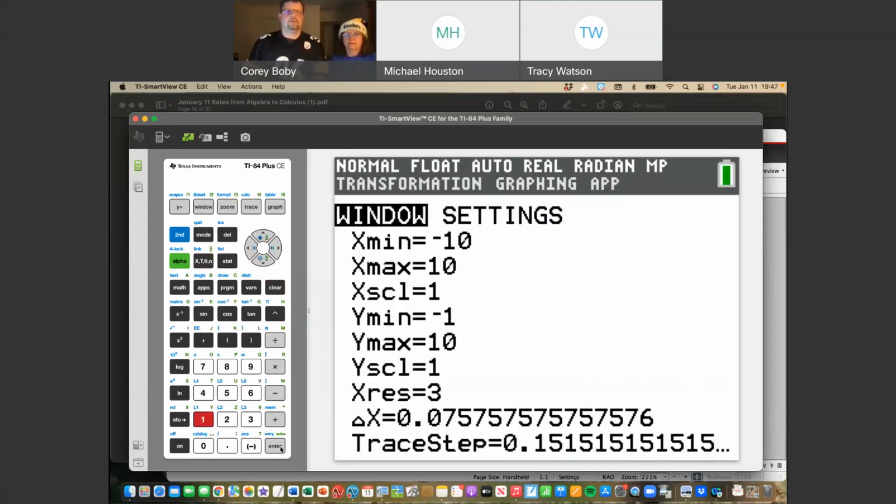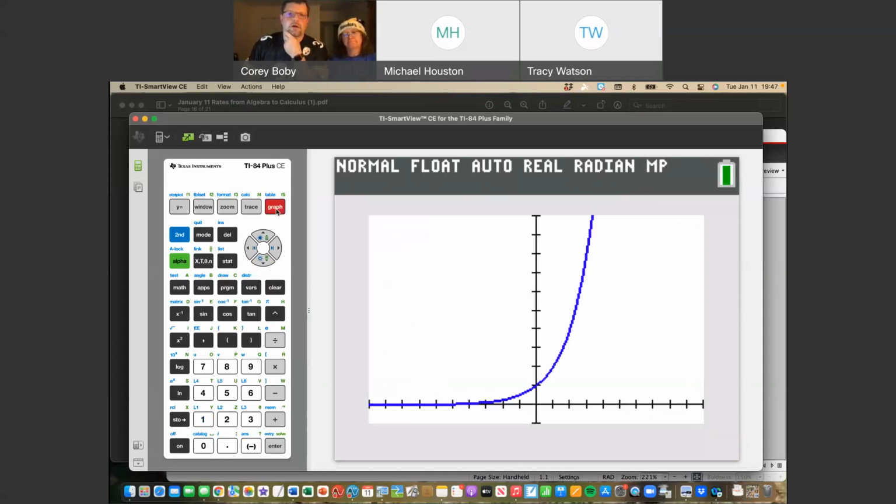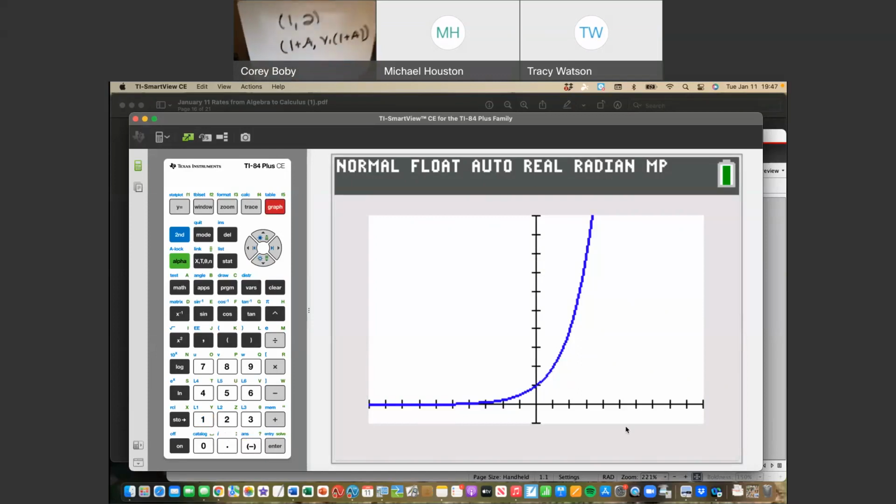All right, so I have a decent graph of the exponential here. I want an equation that goes through the point 1, 2 and the point 1 plus a, comma, f of 1 plus a. These are the 2 points that I want.